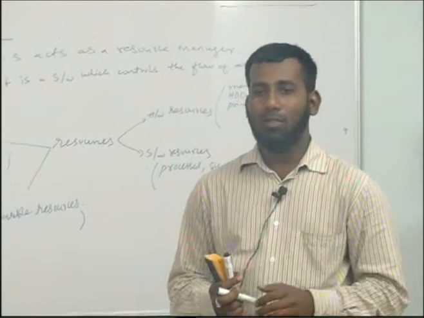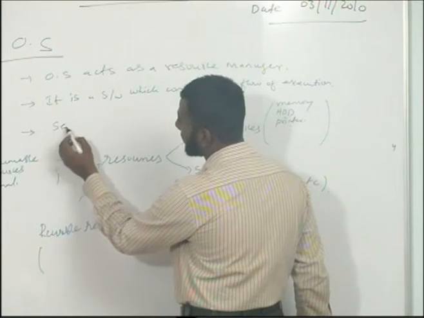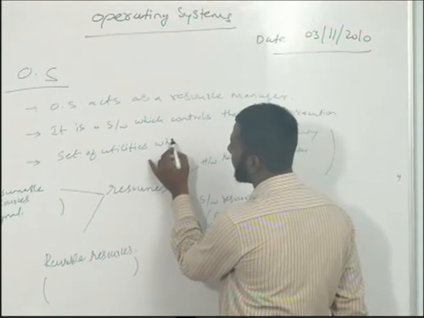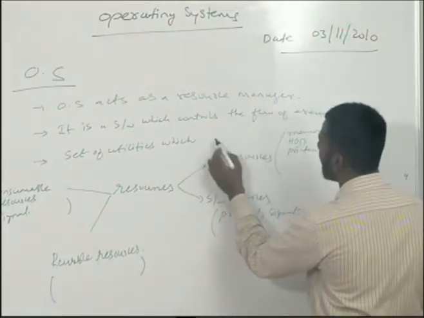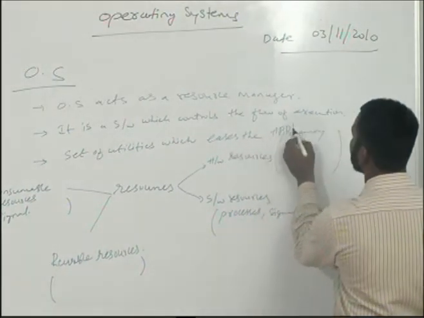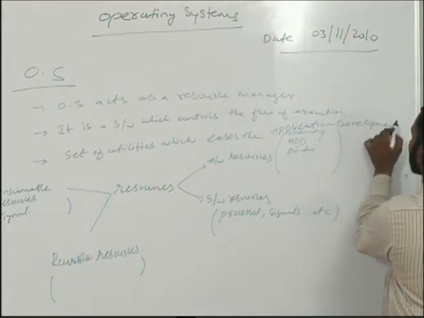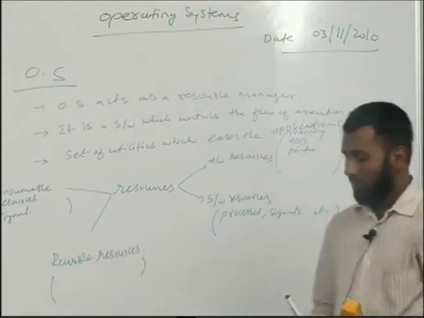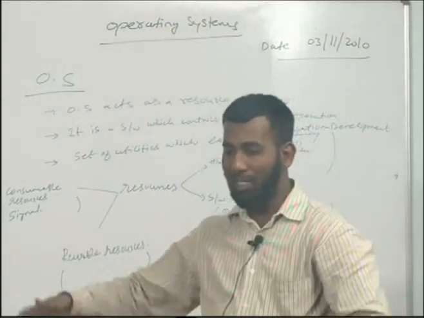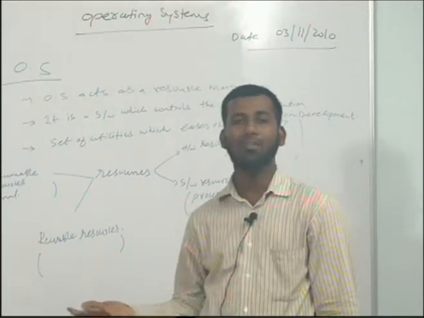So in fact, you can write this as well. Operating system is a set of utilities which eases the application development. So if I want to go from here to my home, I need not lay a road myself, because it is the government which is providing me this facility, and we are using this.